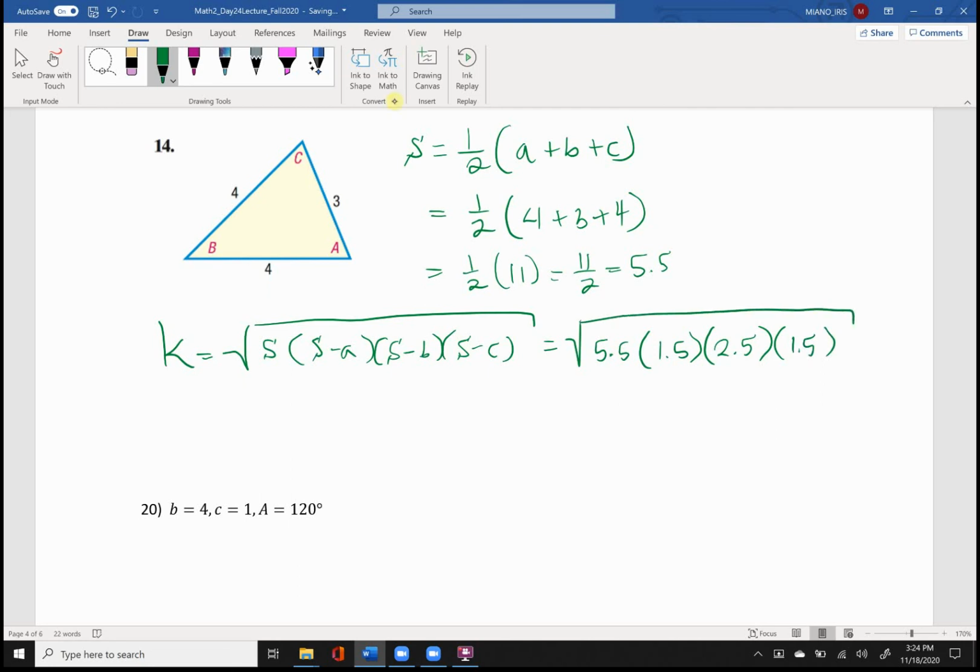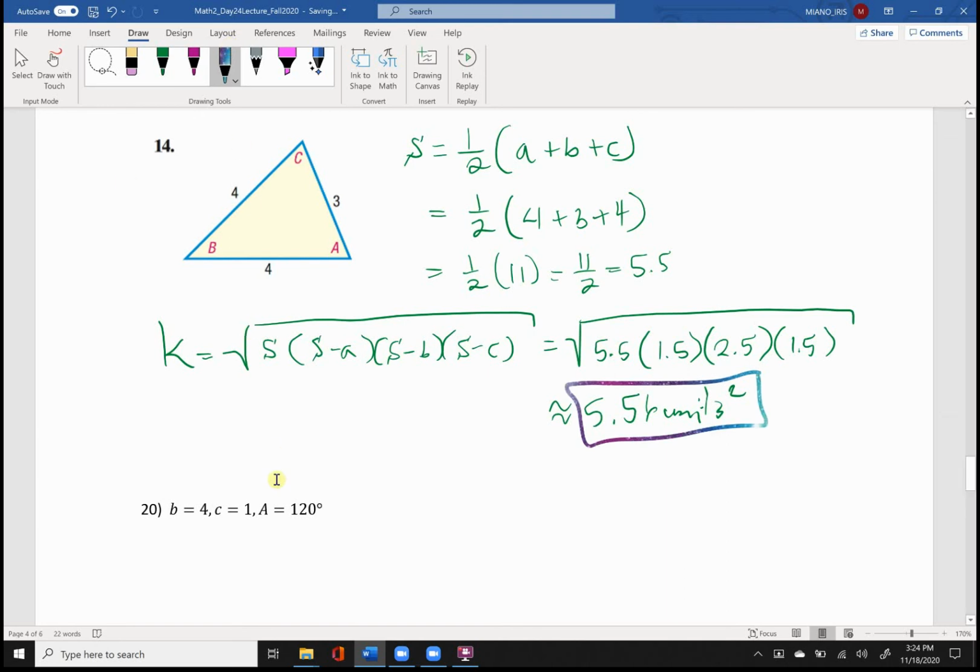And you will get, weirdly enough, approximately, you type this into your calculator, syntax is all good, you should get 5.56 units squared. Okay.